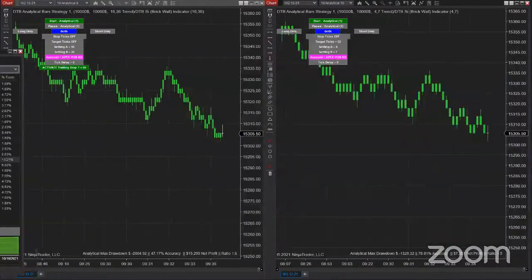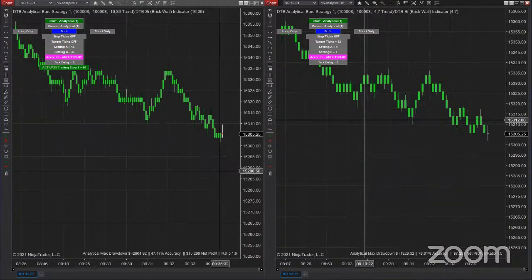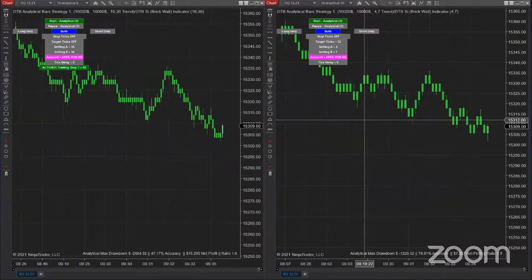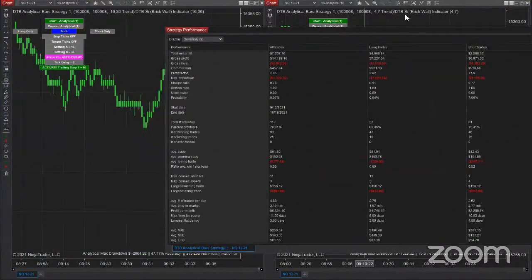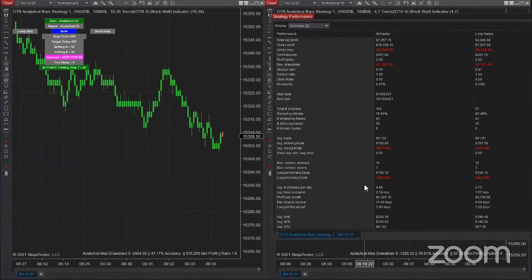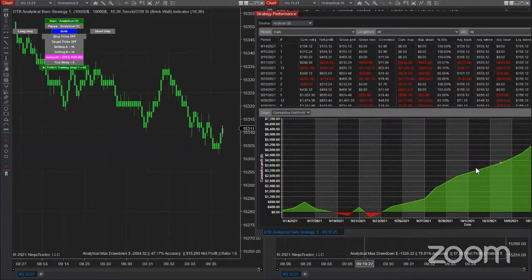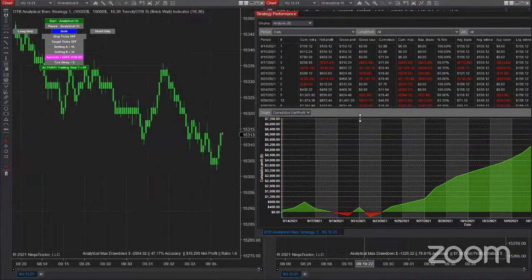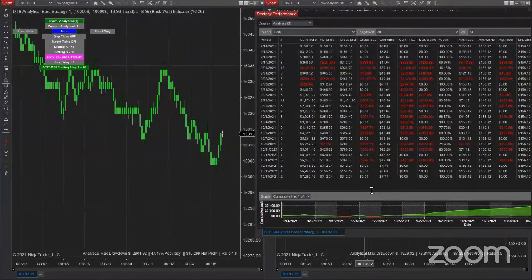We'll look at this one too. If I go to strategy performance, this one as well has only about 4.88 trades per day. In the analysis, it's had a very nice rise from a low.